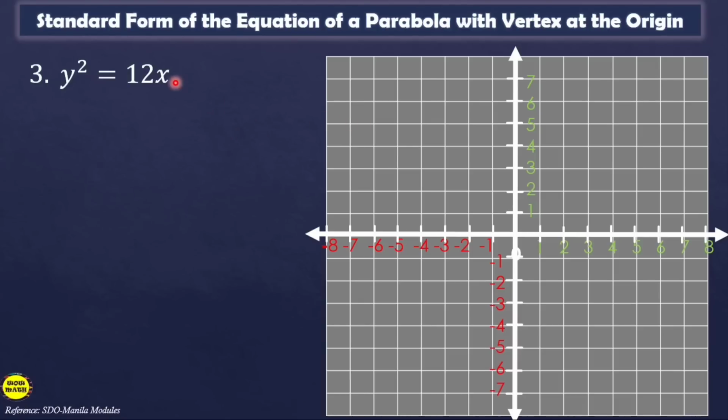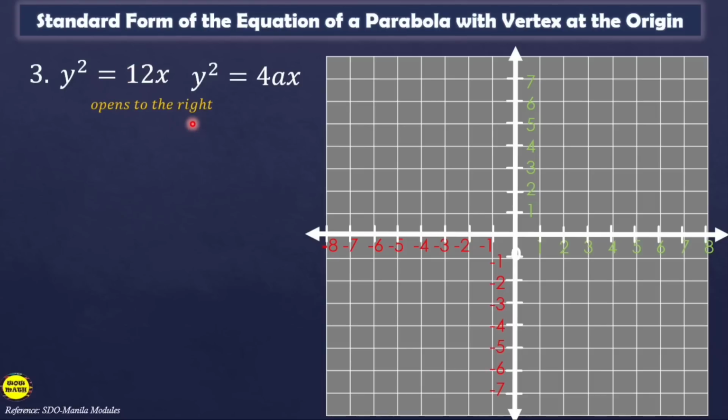So again, when x is not raised to 2, our parabola either opens to the right or to the left, because our orientation here is towards the x-axis. That is our clue. Looking at it, it follows the standard form of the equation of the parabola, y squared is equal to 4ax. Since this is positive, our parabola opens to the right.